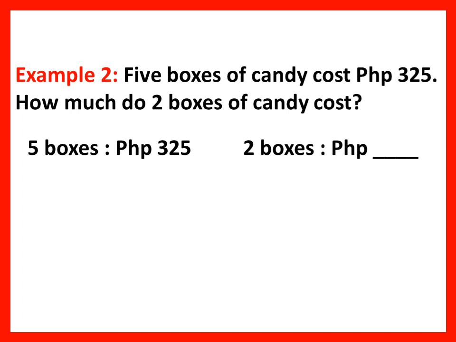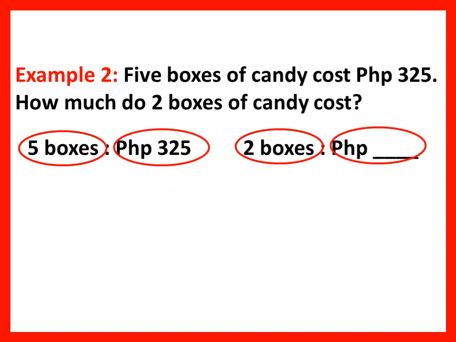So let us analyze this again first. The first terms of your two ratios will be the 5 boxes and 2 boxes. The second terms of your ratios will be 325 pesos and blank pesos, since we do not know it yet.